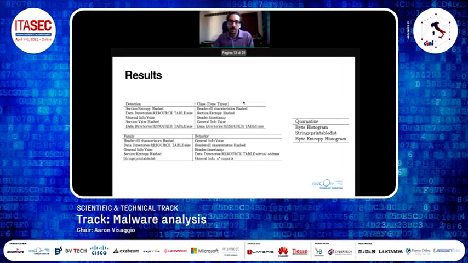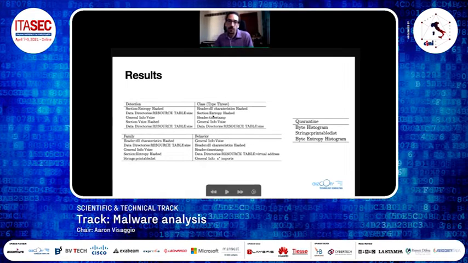Just a comment: we used the light gradient boosting machine also because, since it's based on decision trees, it's easy to recover the relative feature importance in the classification.